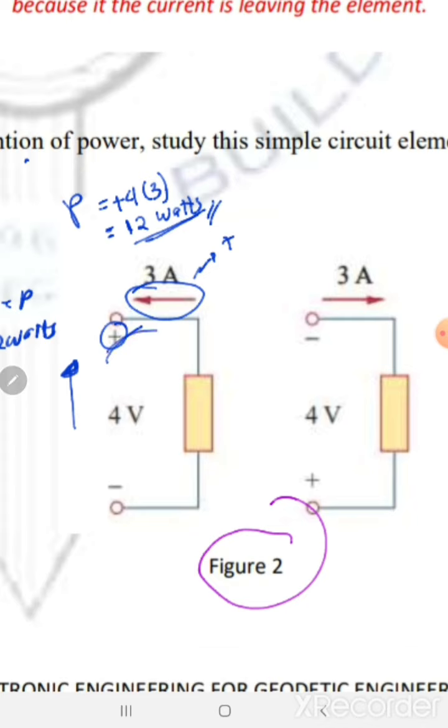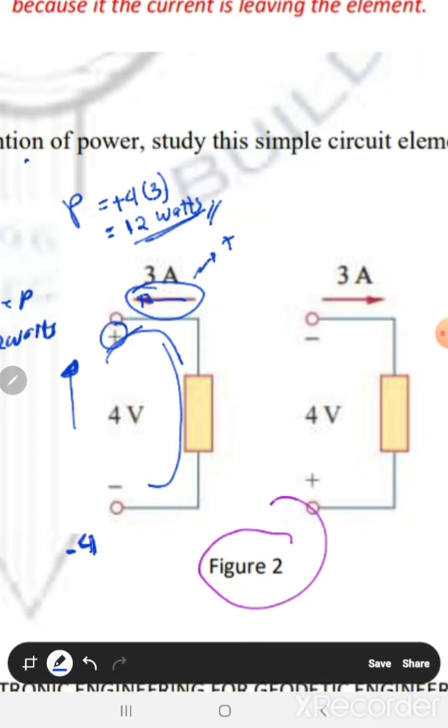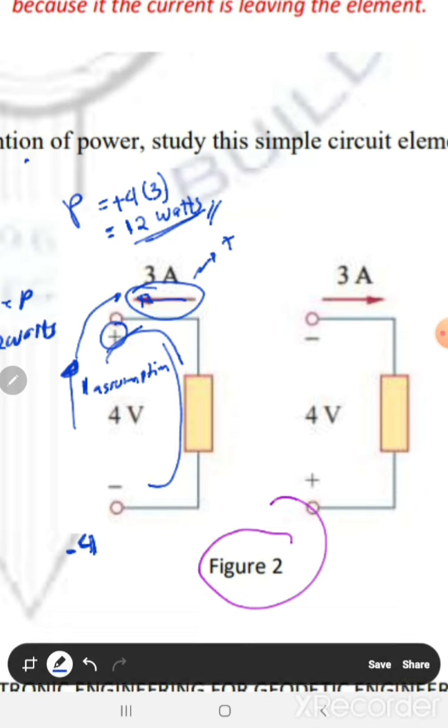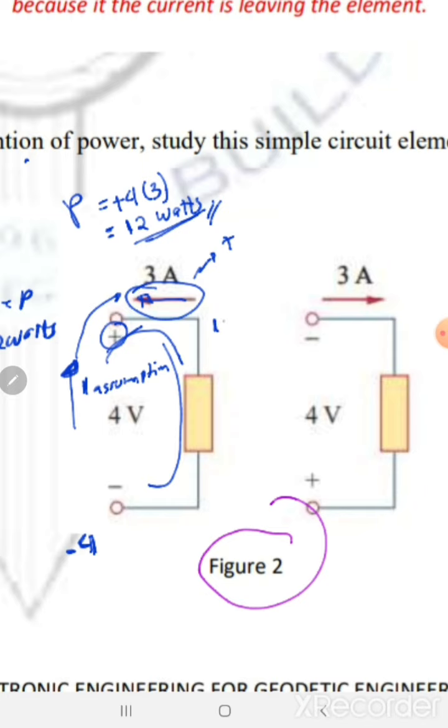So, pag kinontra mo to, papasok siya sa negative 4. But you have already established a current which is going to the left, which is equal to positive 3 ampere. Pag kinontra mo siya, therefore, this assumption is equal to negative of 3 ampere.